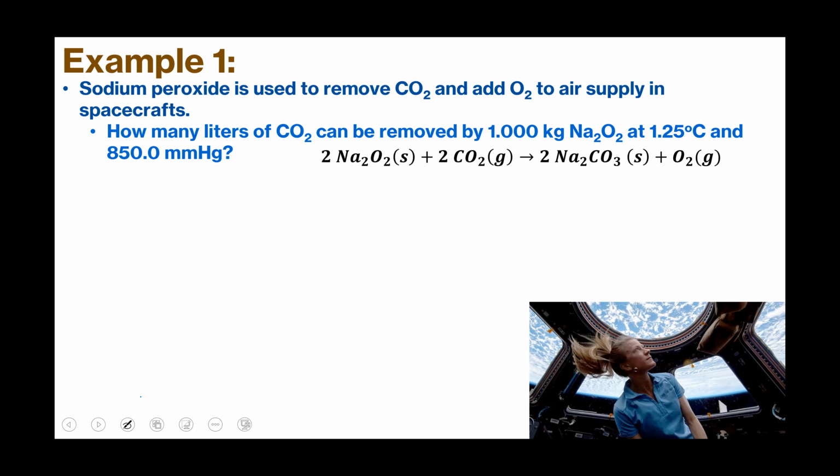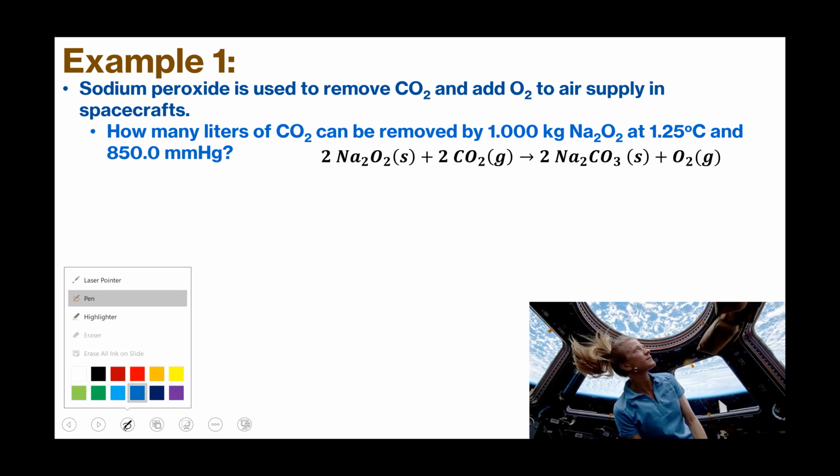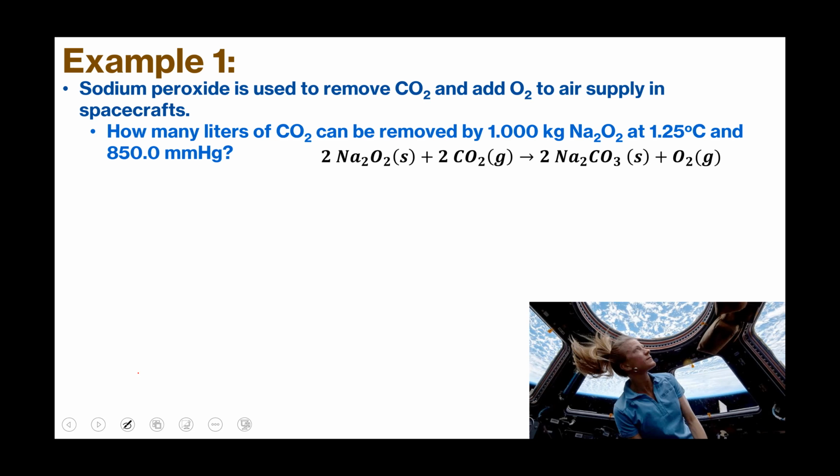Now, we want to figure out what we have to do first in this scenario. The answer is going to be liters of CO2. Okay, this is a gas thing, and we were given sodium peroxide, which is a solid.